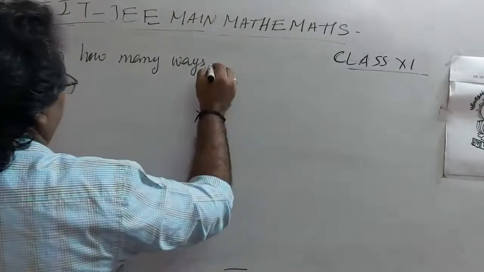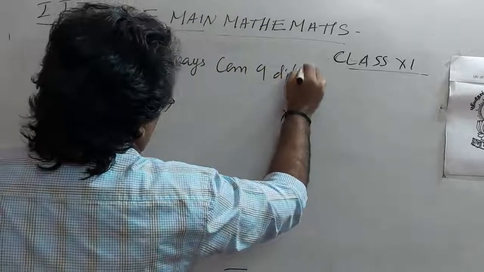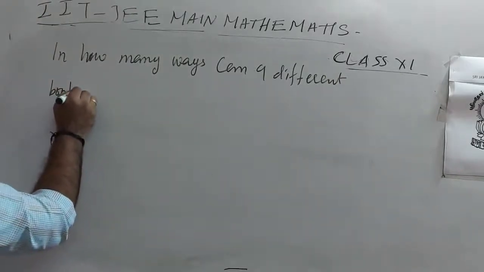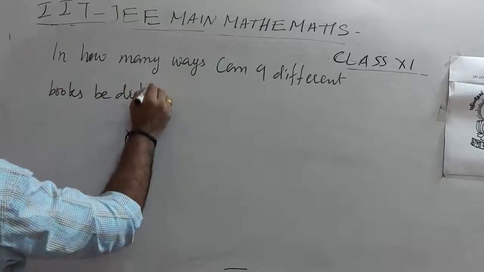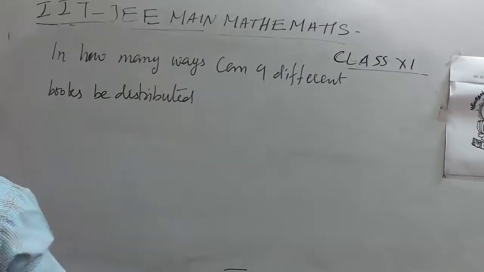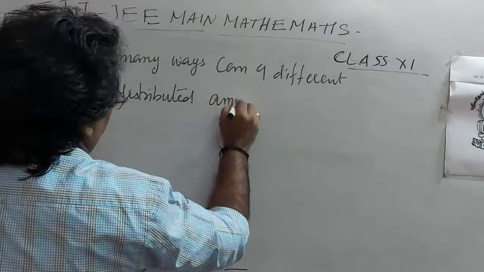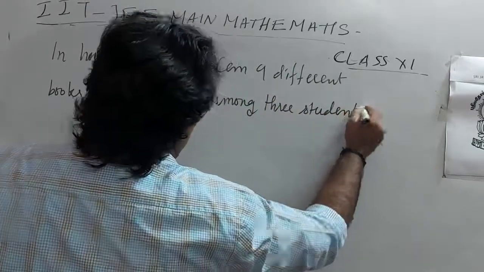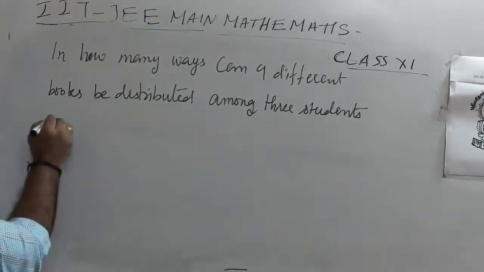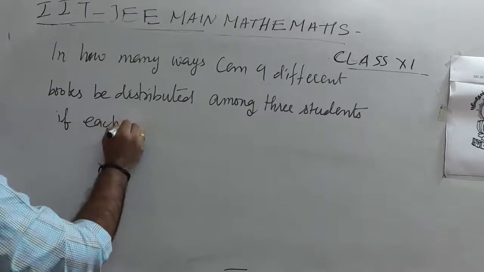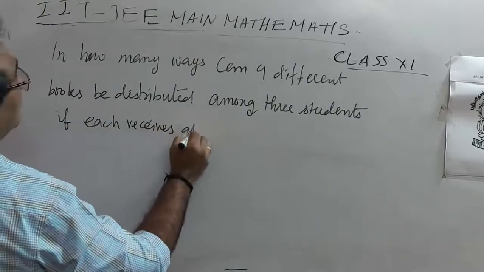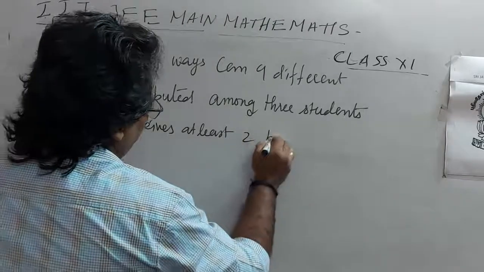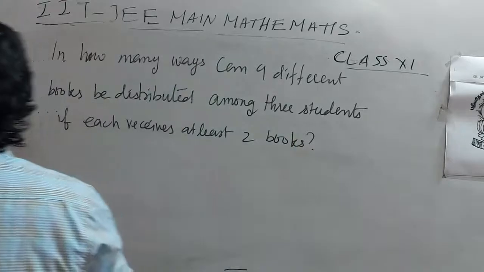In how many ways can 9 different books be distributed among 3 students if each receives at least two books?